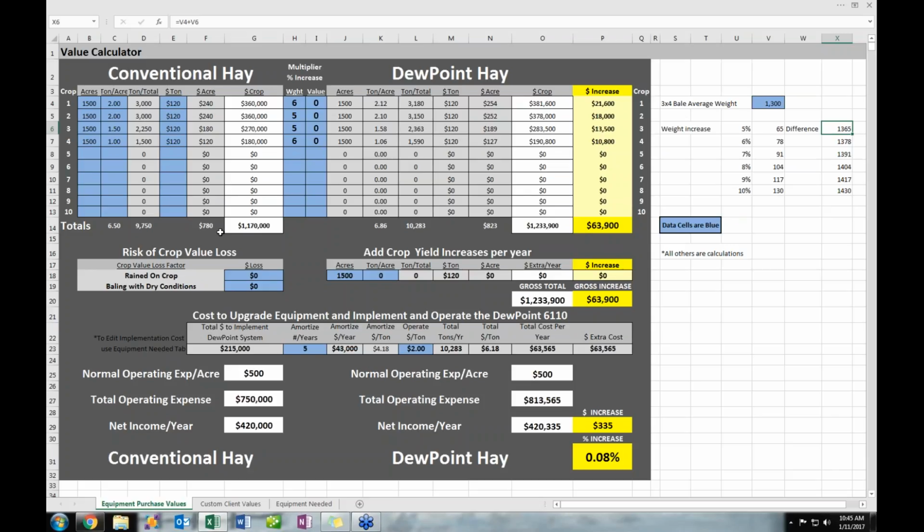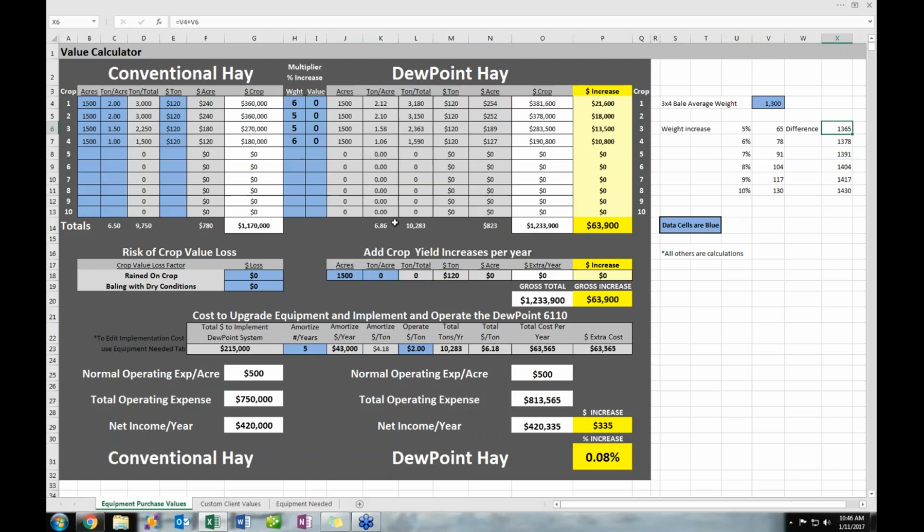This is the value spreadsheet, and this spreadsheet is what makes or breaks somebody's determination of whether or not they will buy this machine. And so as a salesman for your dealership that represents steamers, become familiar with this value spreadsheet. Ask questions about it.